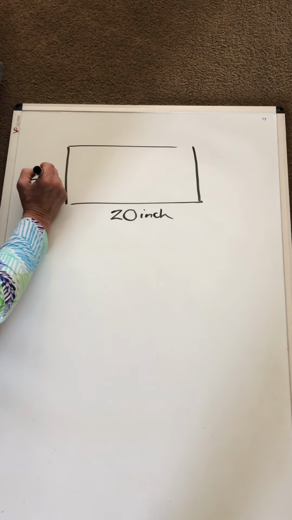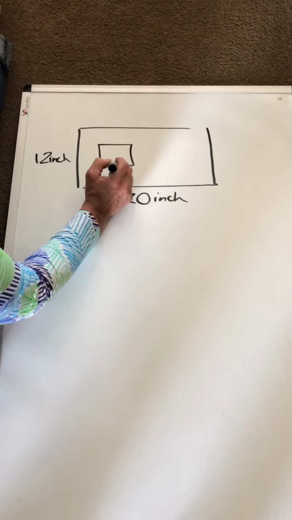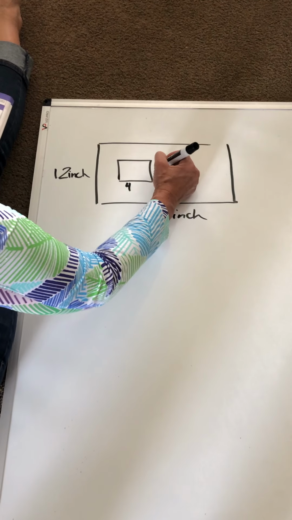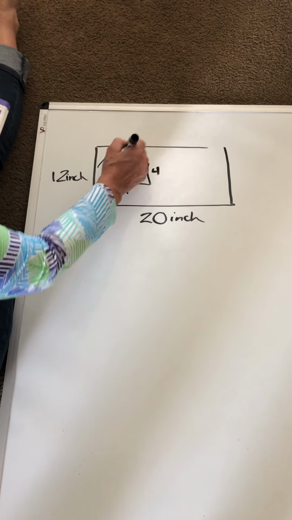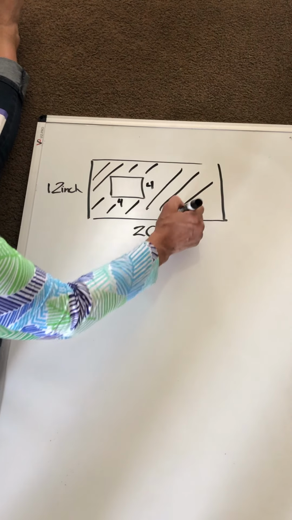We'll do 12 inches, okay? And then we have a square here in the middle that is 4 by 4, okay? We want to know the area of this shaded part here.